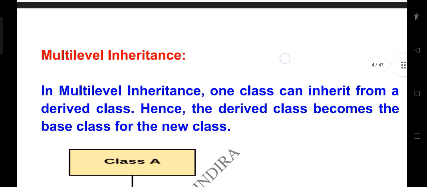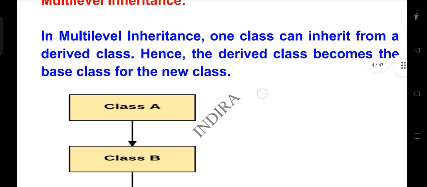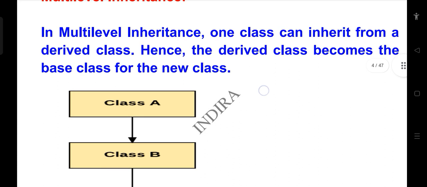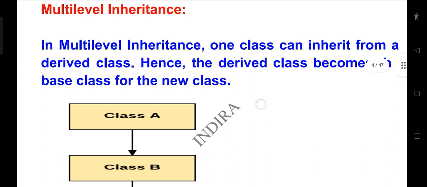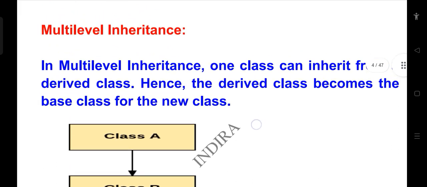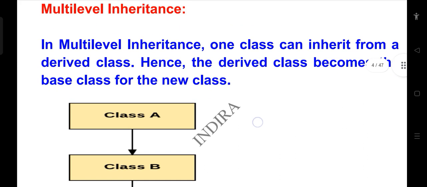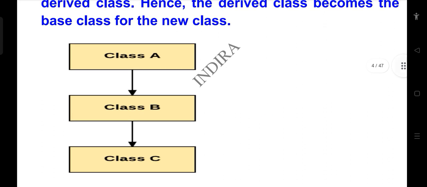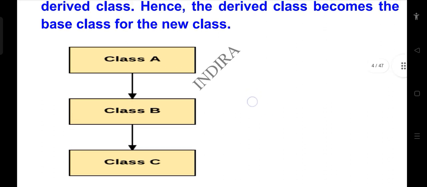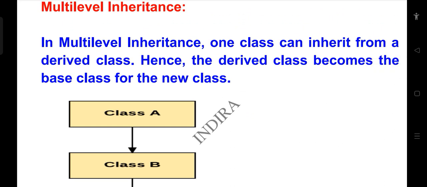Next, multilevel inheritance. In multilevel inheritance, one class can inherit from a derived class, hence the derived class becomes the base class for the new classes. See this graphical representation: class A, class B, class C, these three classes.